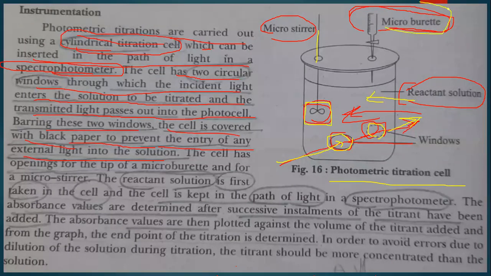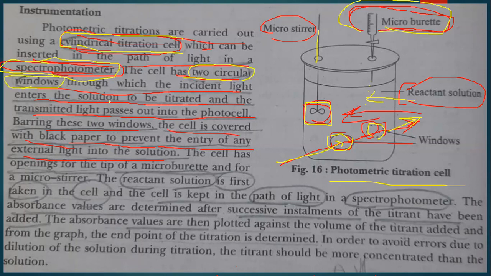This is a microburette to add the titrant, and you add the titrant slowly in aliquots. This is the cylindrical titration cell which you use for the titration. You can see the windows from which light passes in through one window and comes out of the other. These are circular windows.